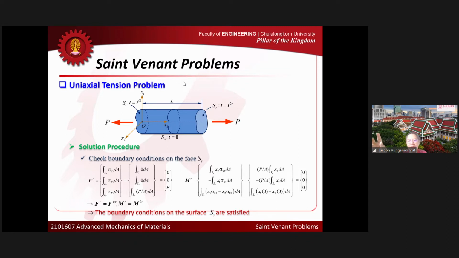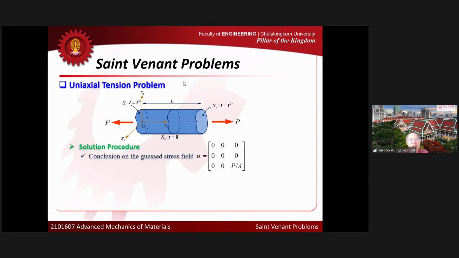At the left and right ends, we verified the net forces and moments, and we see that they are satisfied as well. If we look at the simplified boundary value problem, we can say that we got the solution already, right? The stress field that we guessed at the beginning satisfies all the conditions.